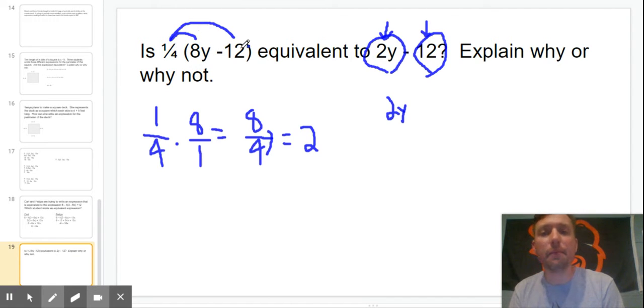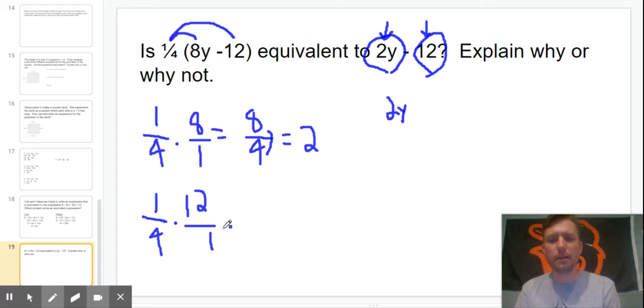Now we need to do the same thing to this 12. I'm going to take 1/4 of 12, and you can break up your 12 into fourths and determine that that would be 3. Or we can do the same thing and show our math. 1/4 times 12 over 1.